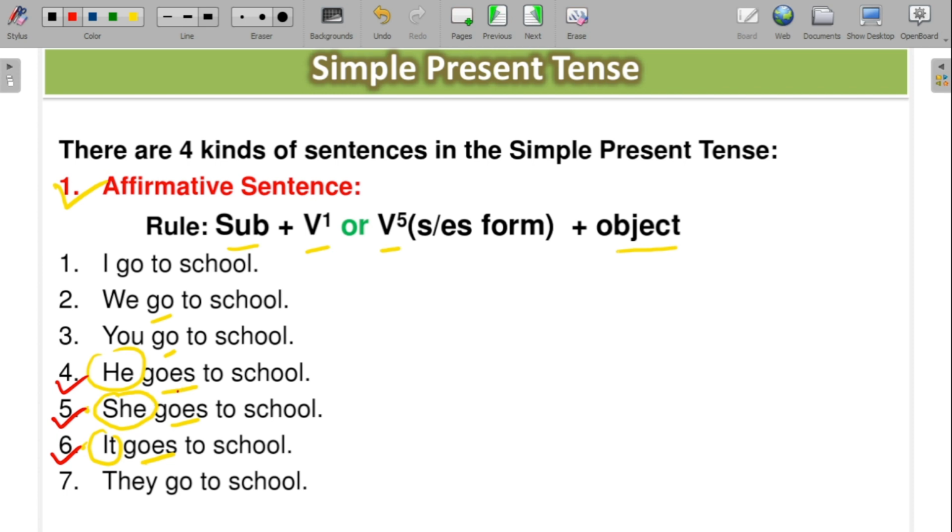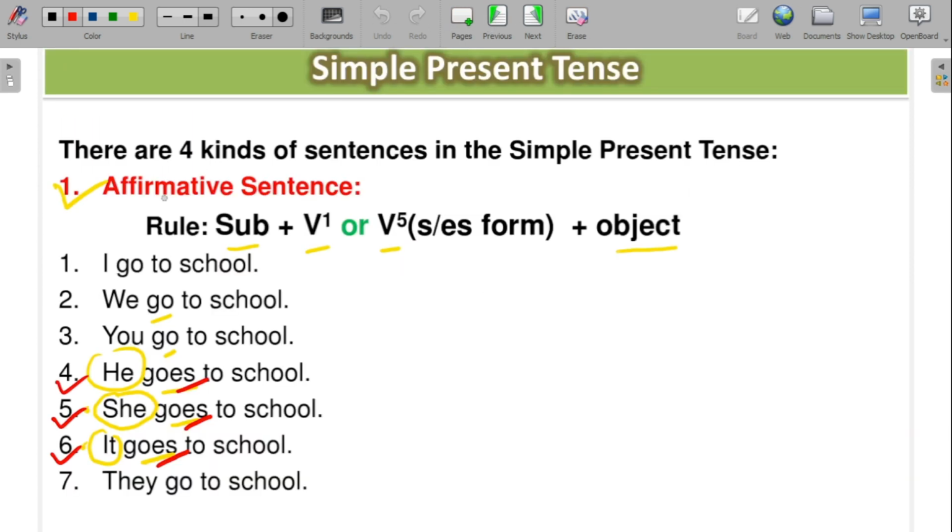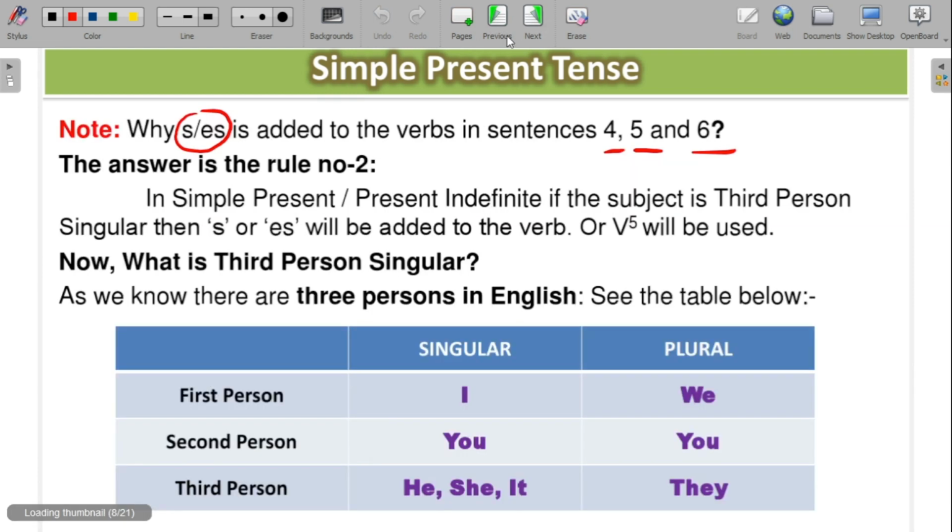Why is this s or es added here? The answer is rule 2. What is rule 1 then? Rule 1 is this one, and rule 2 is this one. Let's see the rule. You have to memorize this one.